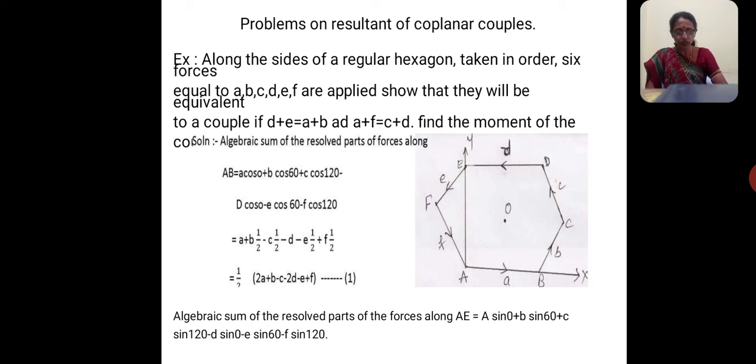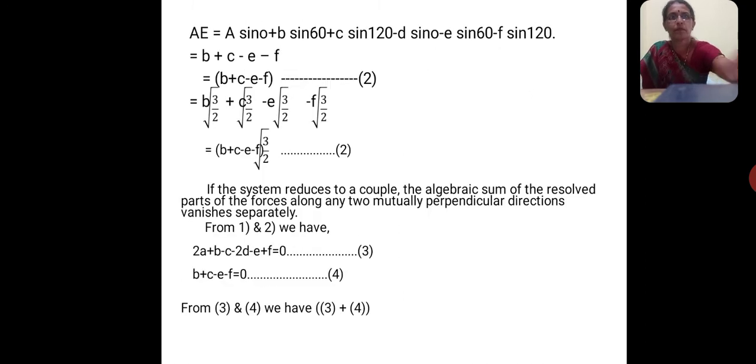The algebraic sum of the resolved parts of the forces along AE equals A sin 0 plus B sin 60 plus C sin 120 minus D sin 0 minus E sin 60 minus F sin 120.